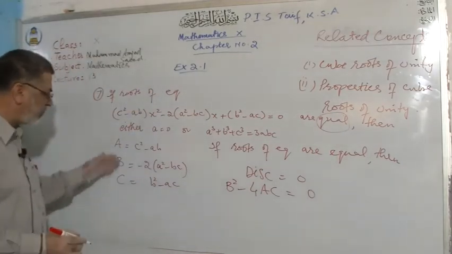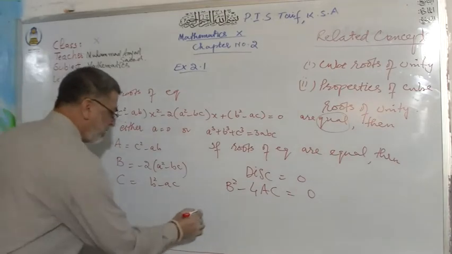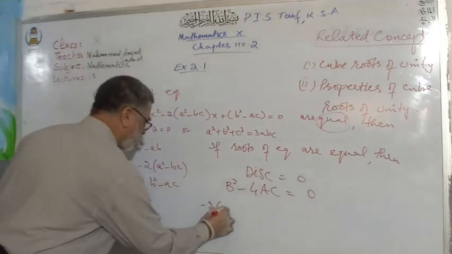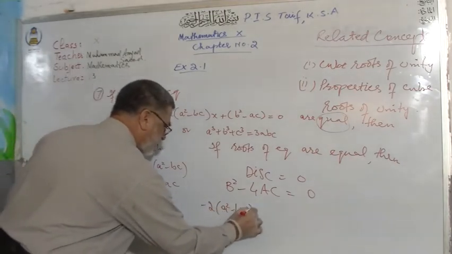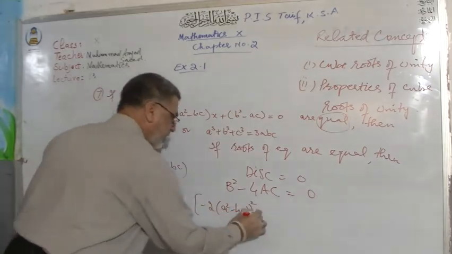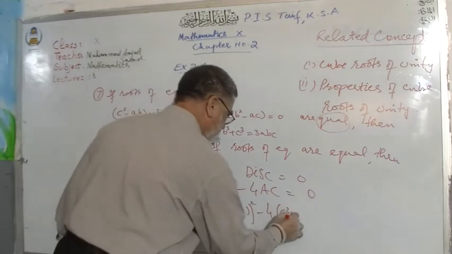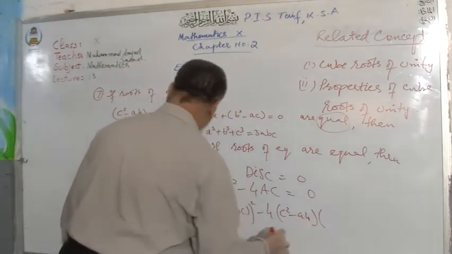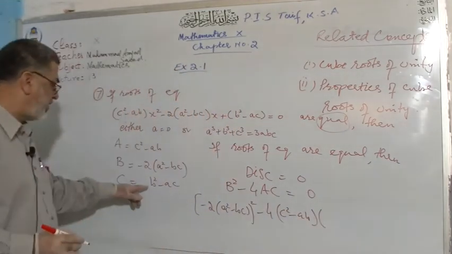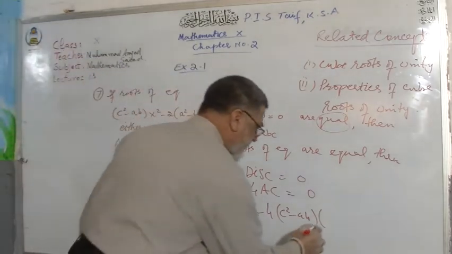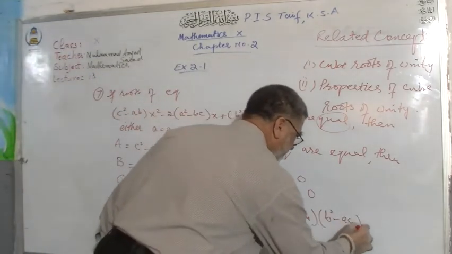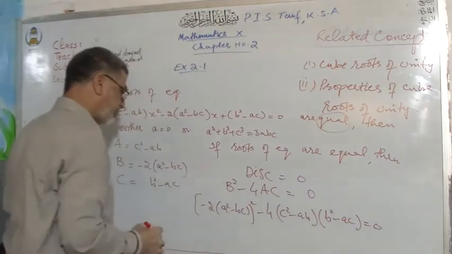Using the values of ABC here, this is minus 2 into a square minus bc whole square, minus 4 into a, c square minus ab, and capital C value is b square minus ac. That is equal to 0.